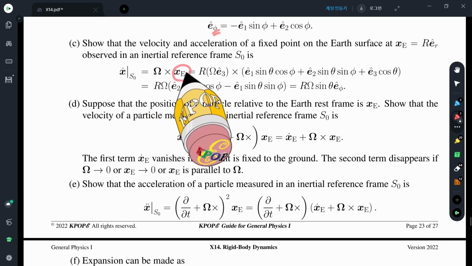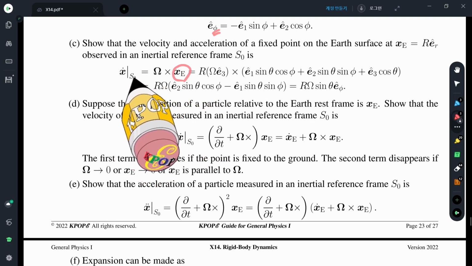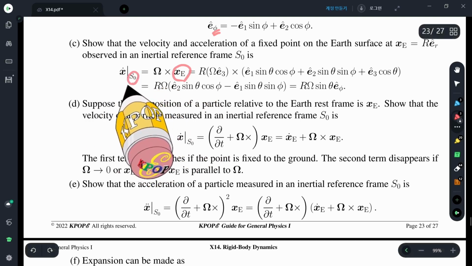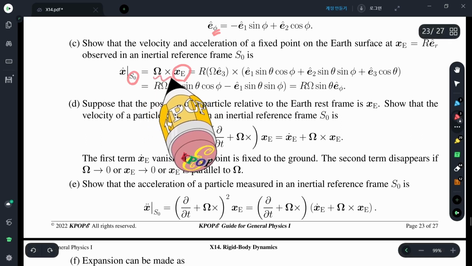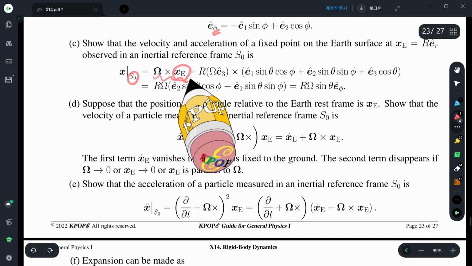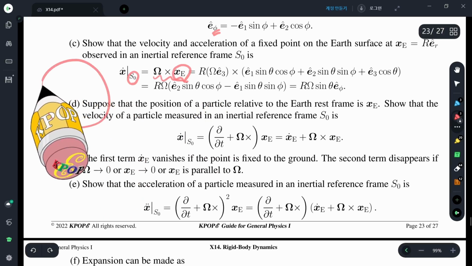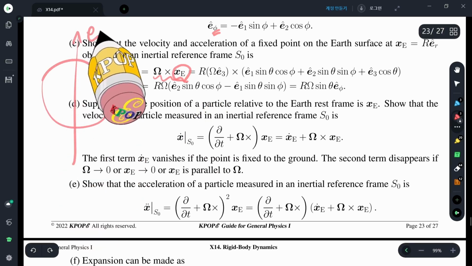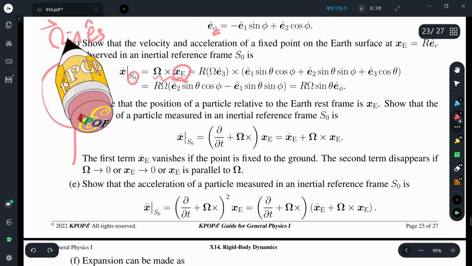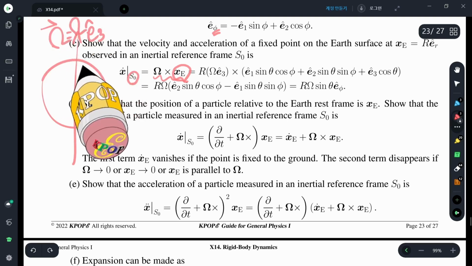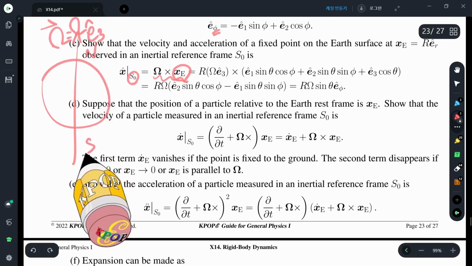If you look at this point from outside, in a frame of reference that is inertial, the velocity of that point is just omega cross x, because E3, this axis of rotation, is the axis about which it is rotating, North Pole and South Pole.